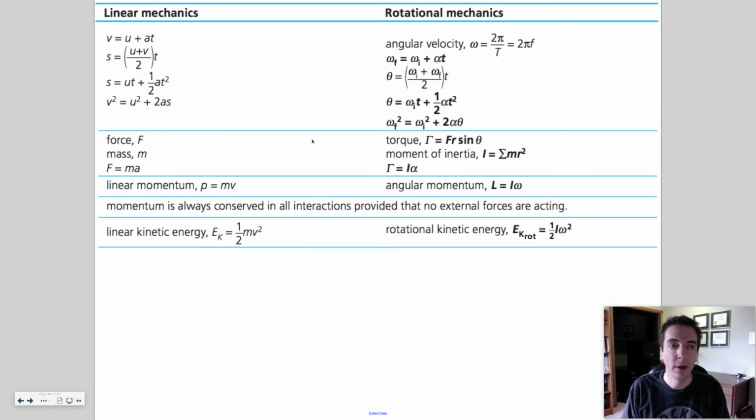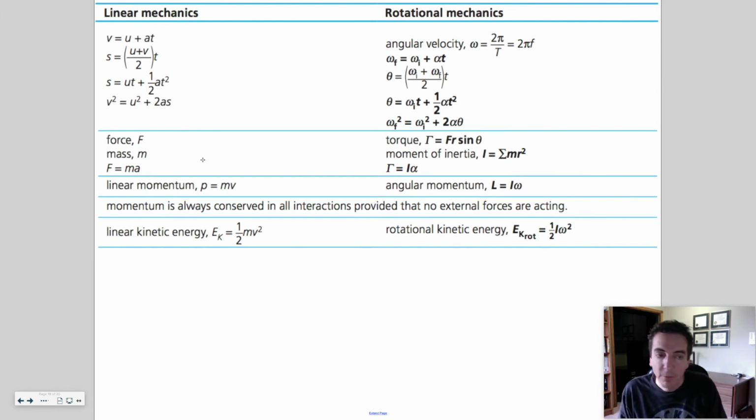Here's a little summary of the things we just finished talking about. We've got, straight down the middle here, linear versus rotational mechanics. Here we've got our kinematics equations in a linear context, and here are the kinematics equations in a rotational context.